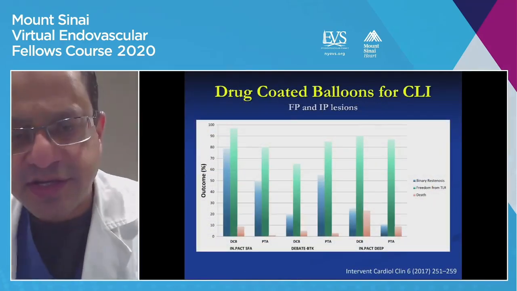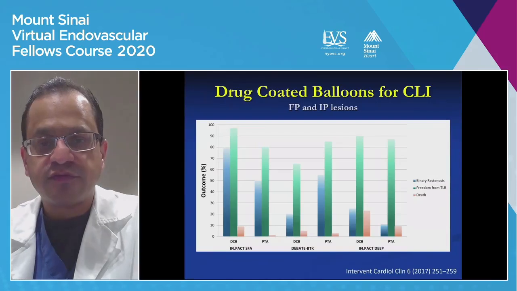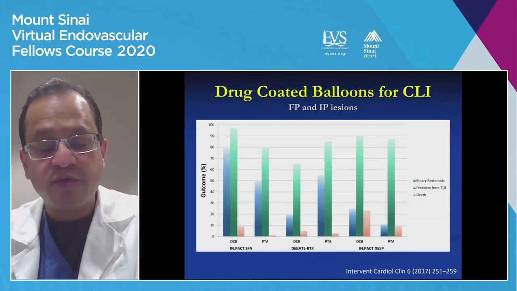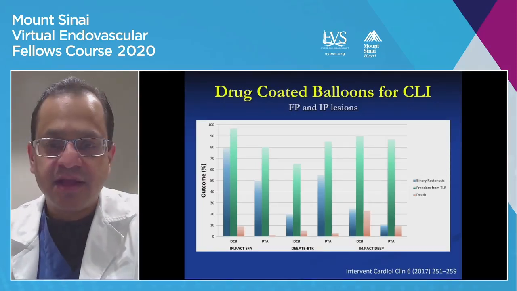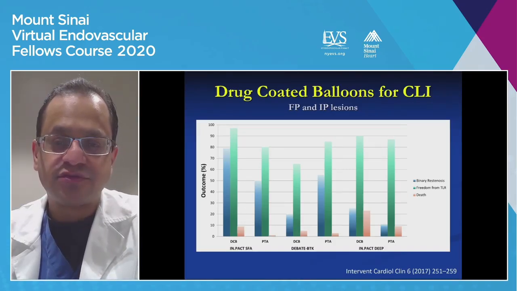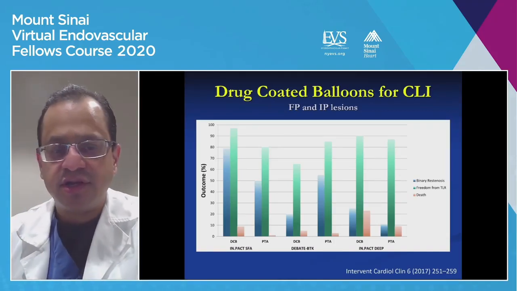But I think the most debated issue is whether drug-coated balloons will be useful for patients with infrapopliteal lesions. We know it works pretty good for femoropopliteal, and unfortunately, after the IN.PACT DEEP study, which really didn't show any benefit and in fact raised concern that there was a trend towards increased amputation.